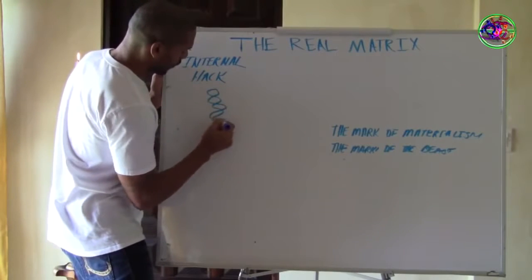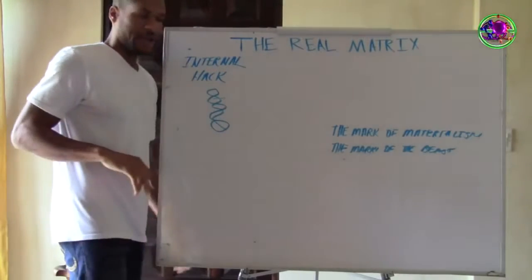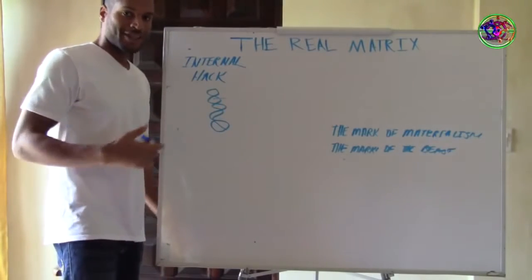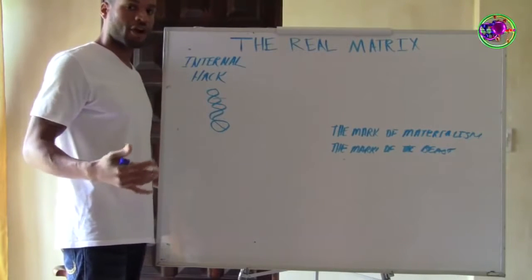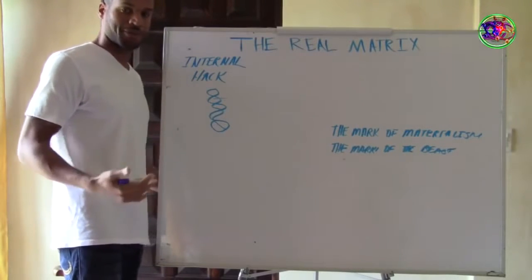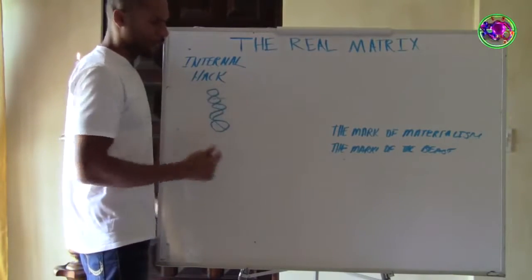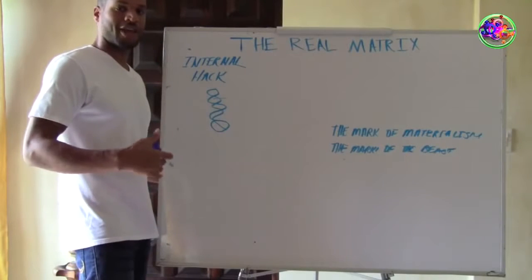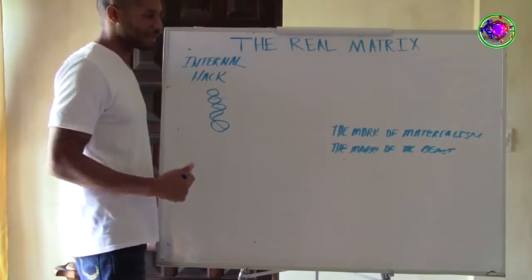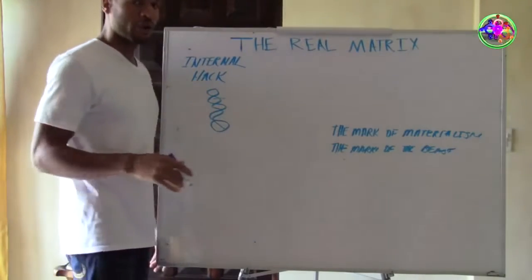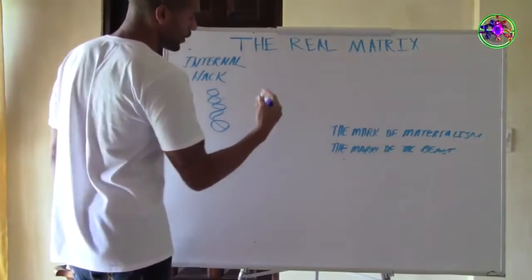Because as many people know, there is a splice within our DNA at a certain point in the chromosome that, what many don't know, affects our auric field and our spiritual field of perception. And so this internal hack is the finishing off, because things have to be done internally and externally of how we perceive things. Lastly, before we close off this short series of the Real Matrix 101, is this.